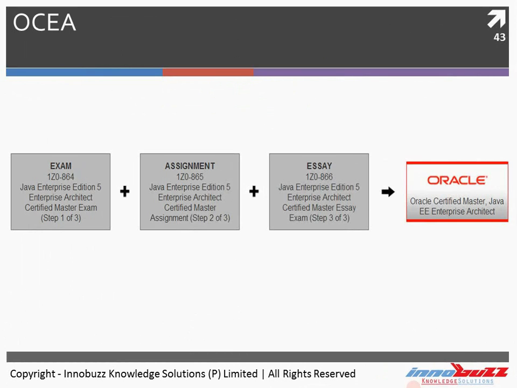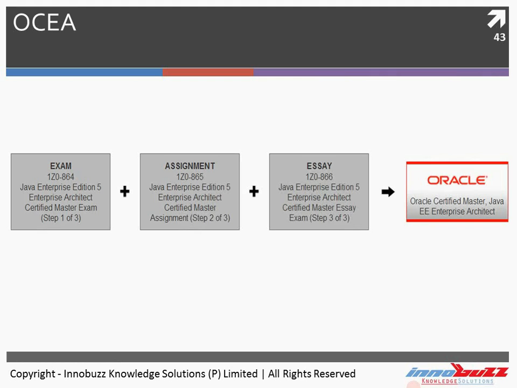So here if you see, you have an exam 864 having Java Enterprise Edition Enterprise Architect Certified Master Exam, which follows as first step. Following that, second step will be the assignment of code 865, and this gives you the Enterprise Architect Certified Master Assignment.